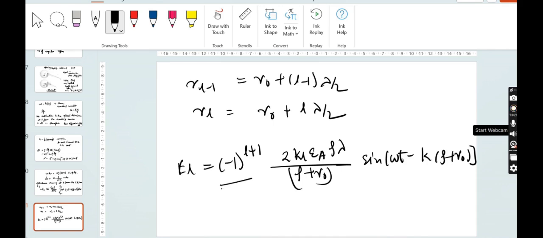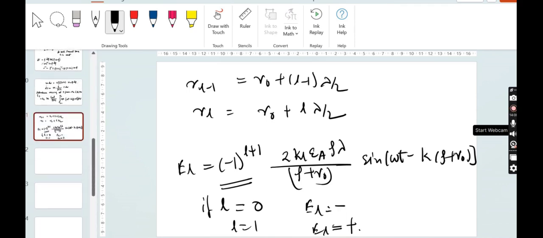So here you can see that if L is 0, then E_L is negative. If L is 1, then E_L is a positive quantity. So the sign changes between positive and negative values depending on whether L is odd or even. For that reason, contributions from adjacent zones are out of phase and tend to cancel because they are almost equal.